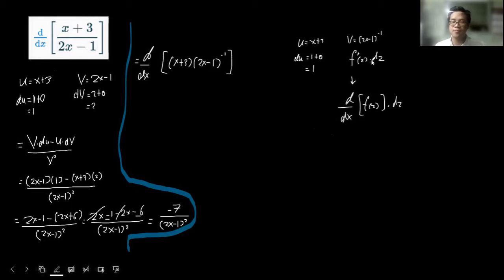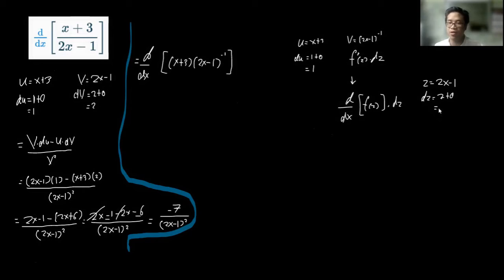In this case, I will let z be 2x minus 1, and dz, if you get the derivative of it, would be 2, and the constant would be 0.